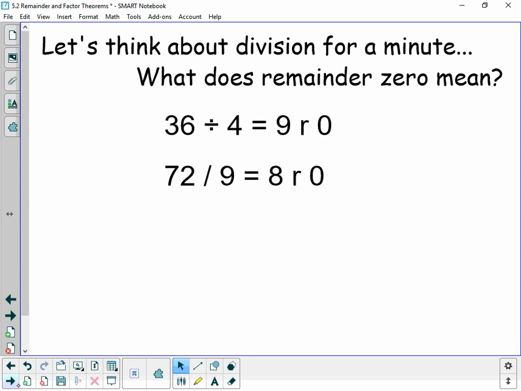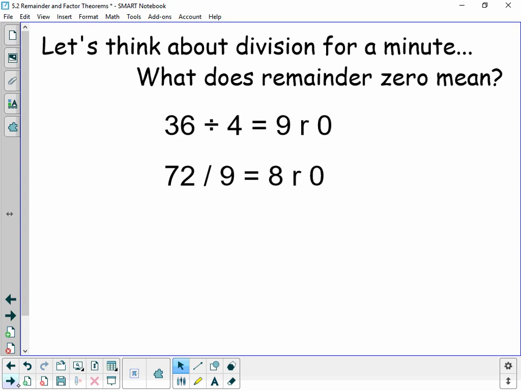So let's think about what it means for a minute. If I have 36 and I divide by 4, I get the answer 9, and it has 0 remainder. If I had a 72 and I divide it by 9, I get 8 with a remainder of 0. What does it mean to have a remainder of 0?